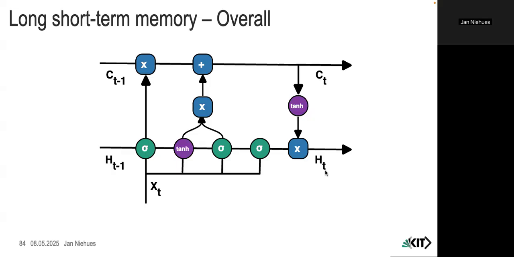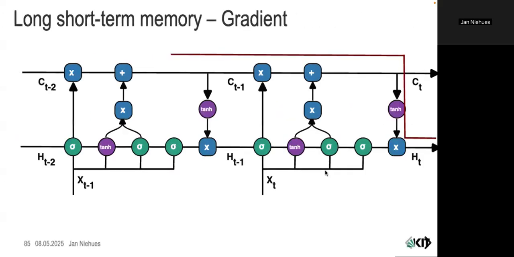The cell state is only there to store information, but the cell state is not influencing whether we output something or not. Maybe also important, the HT does not directly depend on HT minus 1. So it only has content from CT. Only through the gating, of course, HT minus 1 controls which information is in HT.